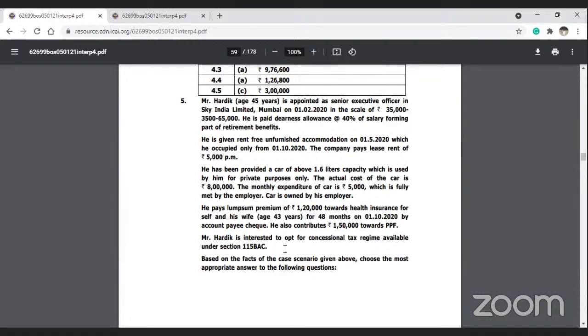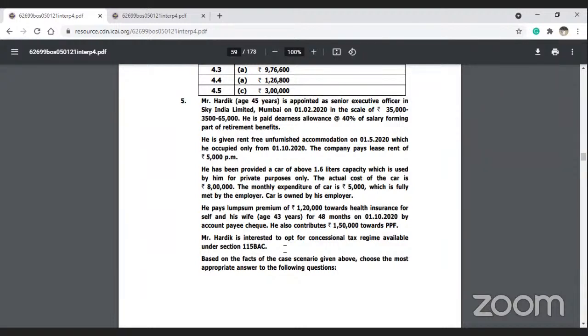The company pays lease rent of 5,000 per month. He has been provided a car of about 1.6 liters capacity, which is used by him for private purpose only. The actual cost of the car is 8 lakhs. The monthly expenditure of the car is 5,000, which is fully met by the employer. The car is owned by his employer.